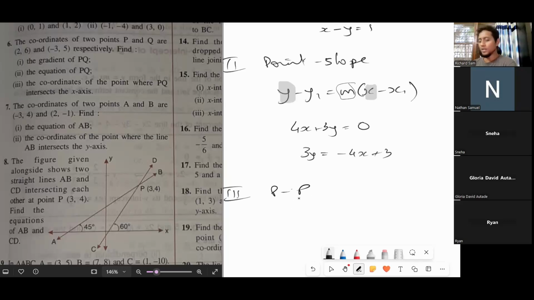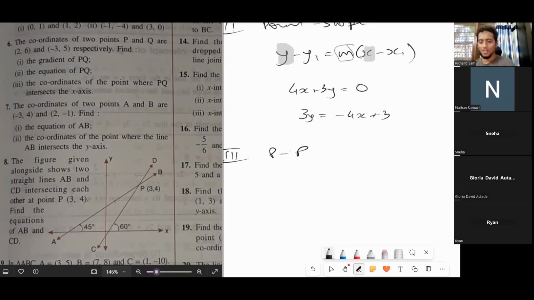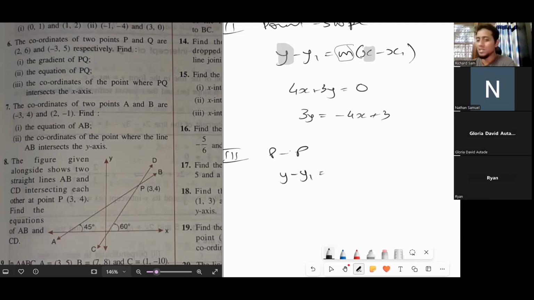Then if they give you 2 points, actually we can make a formula. In place of m you put that formula. So substitute the values over here. y minus y1 is equal to, in place of m, y2 minus y1 upon x2 minus x1 into x minus x1.